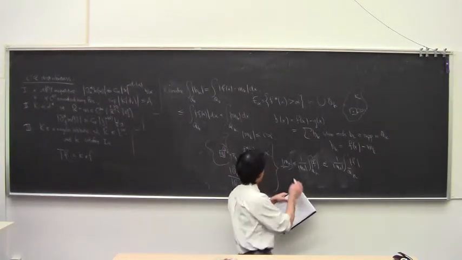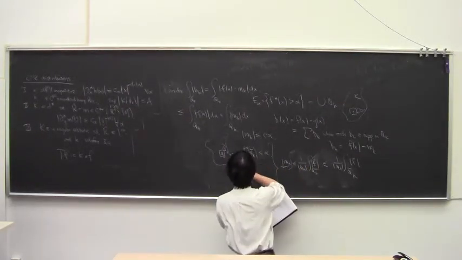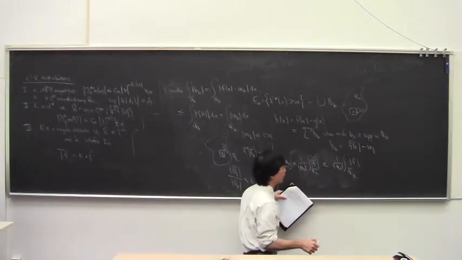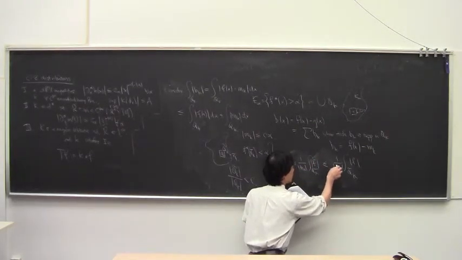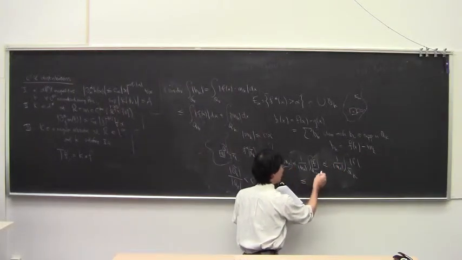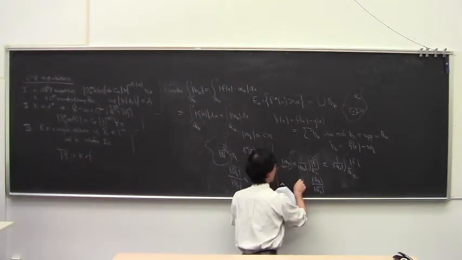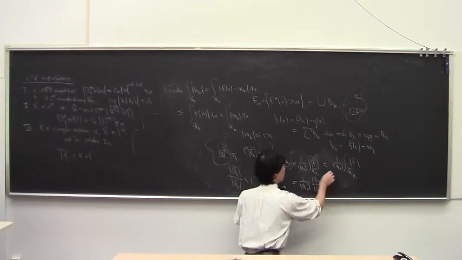You're integrating something positive over a smaller cube, and then over a larger cube, so that the value gets bigger. Then we multiply on top and bottom by the size of Q_k, one over this times this.